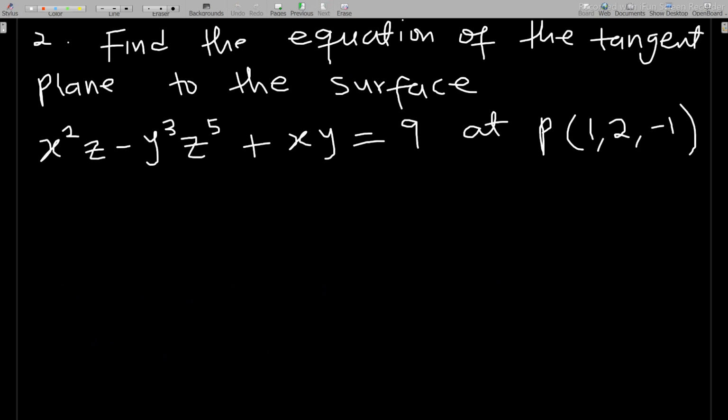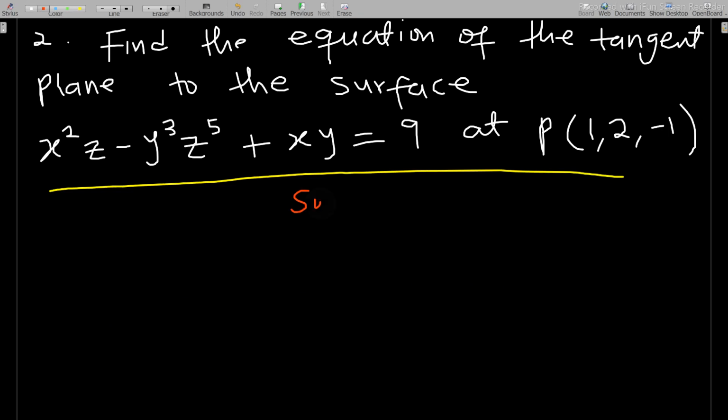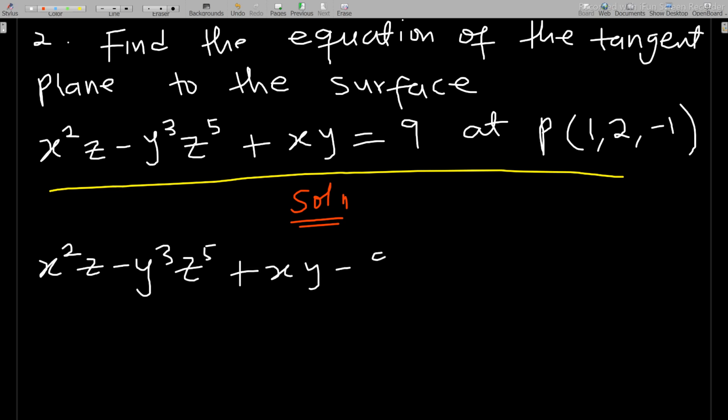So this is the second question: find the equation of the tangent plane to the surface. Here the surface is given in equation form, so I believe you know what we will use here. We'll use implicit differentiation. You have to send everything to the left side of the equation: x squared z minus y cubed z to the 5th power plus xy minus 9 equals 0.